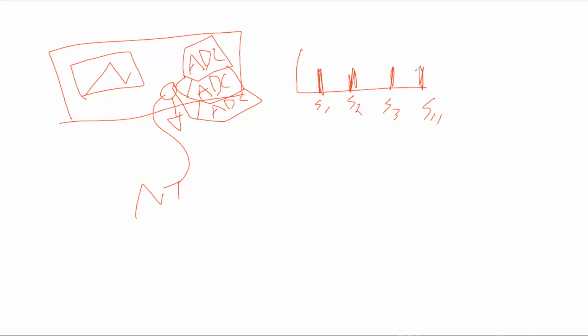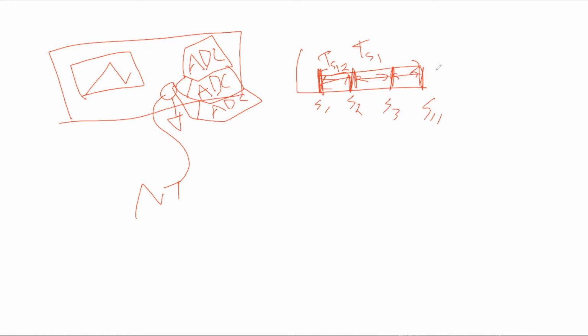If you had only one ADC, then the sampling period would be this long, T S1. But now that you have an interleaved ADC, your sampling period is only this long, T S1, 2. And you make this the same length of time, and you make this the same length as well.